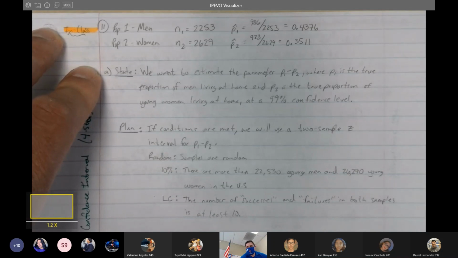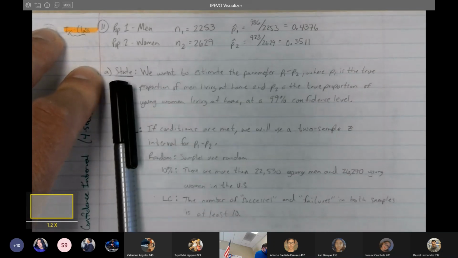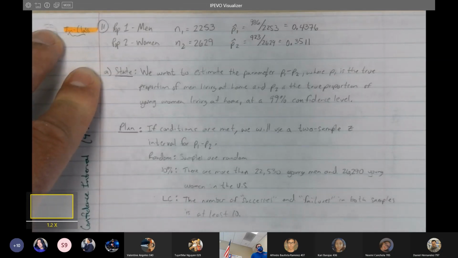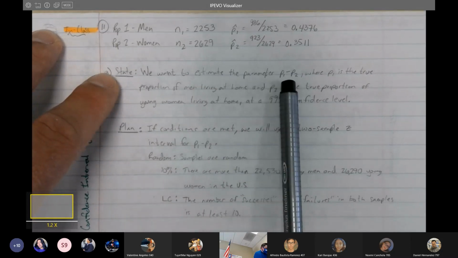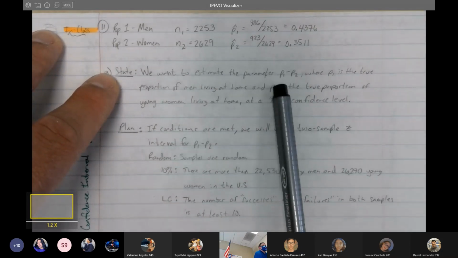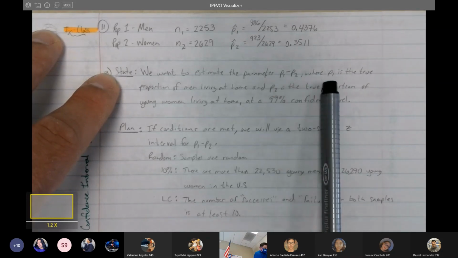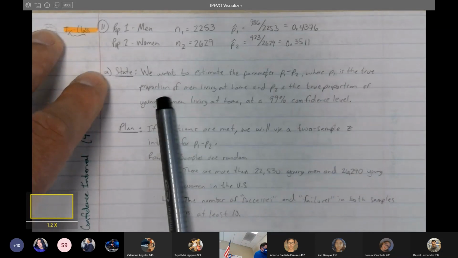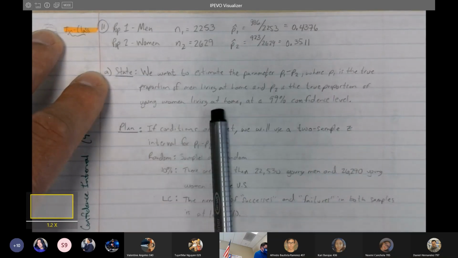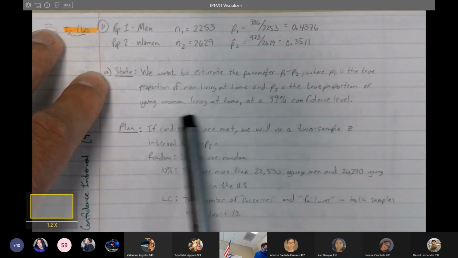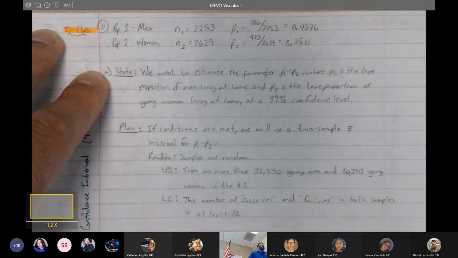Okay, so that means I have to use a 4-step process. When you see construct and interpret, 4-step process. All right, so we want to estimate the parameter P1 minus P2, the difference of the population proportions, where P1 is the true proportion of young men living at home and P2 is the true proportion of young women living at home, at a 99% confidence level.